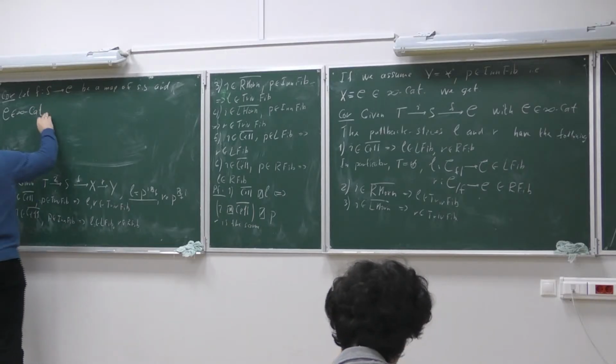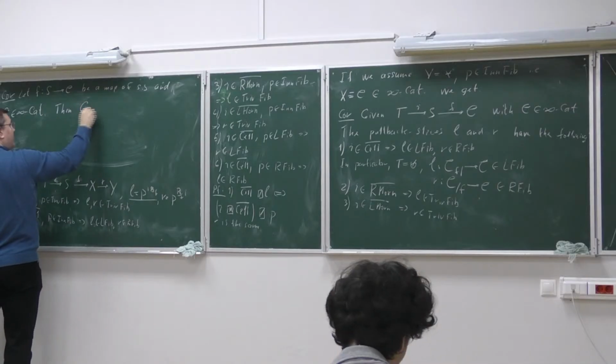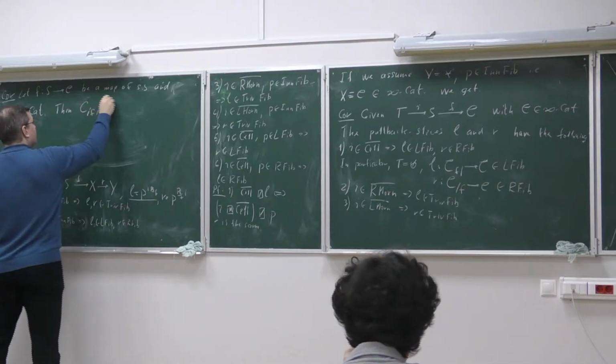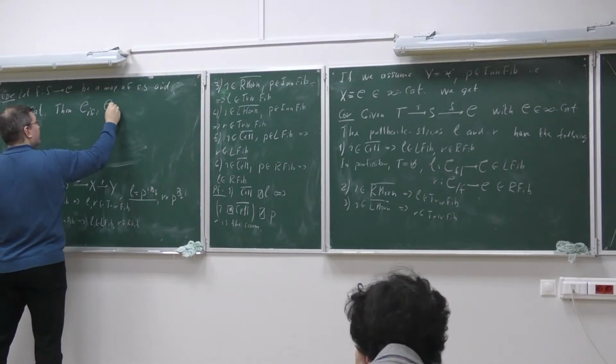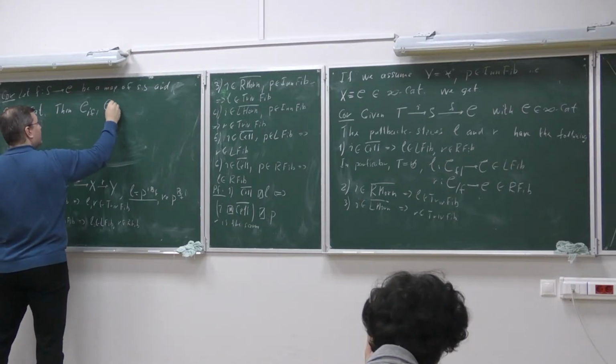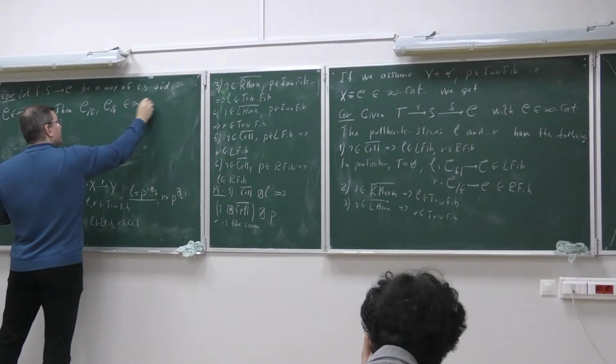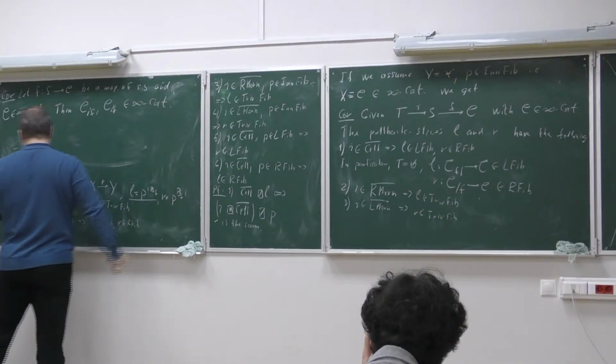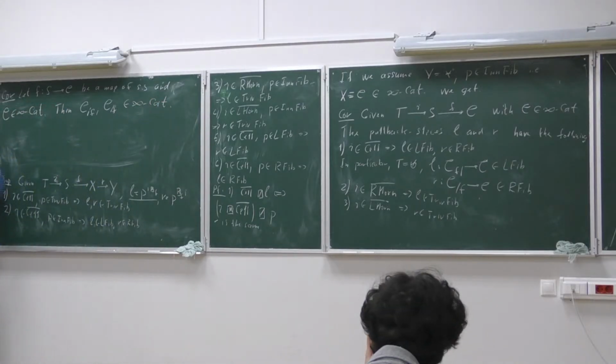So then slices, under or over, doesn't matter, are infinity categories. Okay, now the proof is very, very simple.